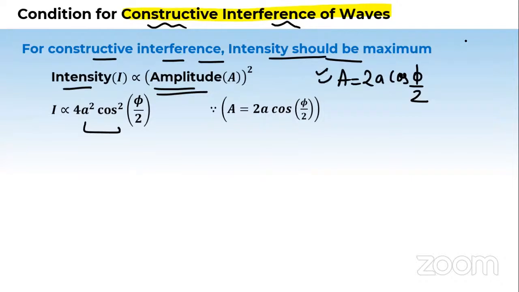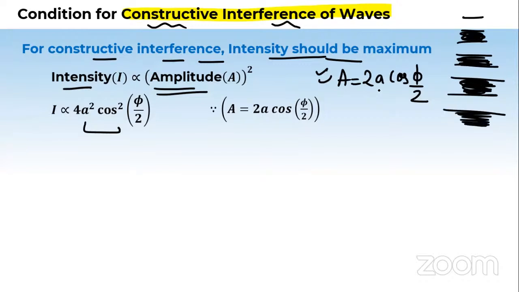Now we'll check, as we have seen in the video, that for interference there are bright bands and dark bands. And the equation which governs all this is the amplitude equation.